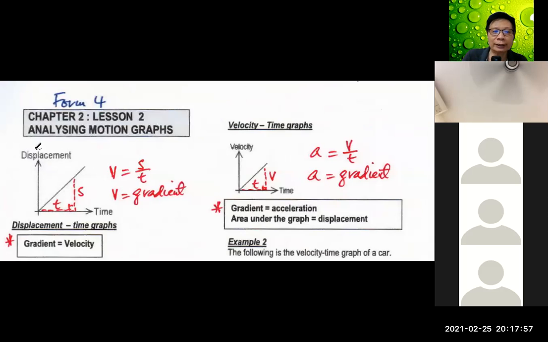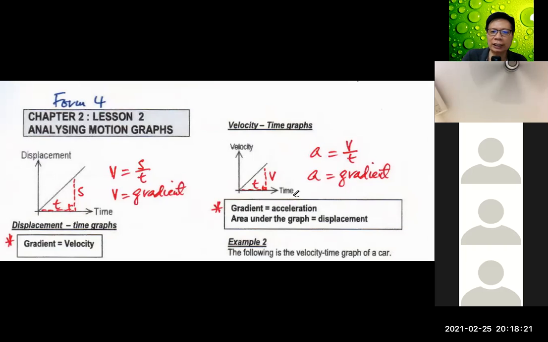One is displacement against time. Here is the displacement, the distance, and here is the time. So this is called the displacement time graph. Another graph you learn, which is more important now, is the velocity time graph. Over here is velocity, over here is time.